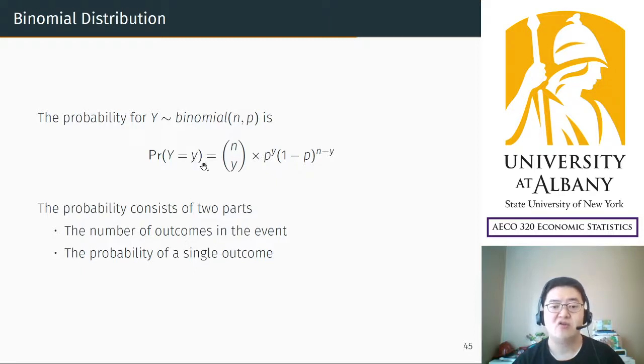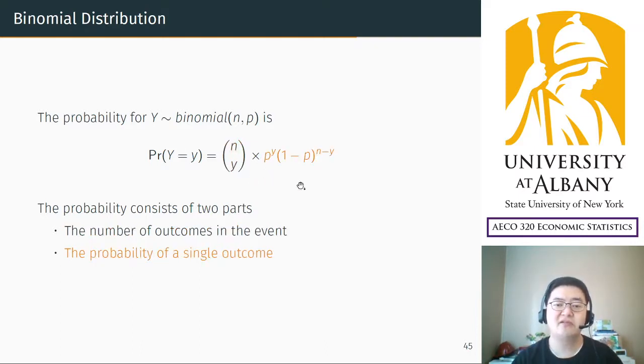Then you remember there are 2 parts. This probability consists of 2 parts. First part is the number of possible combinations, n choose y. So it's the combination rule, n choose y. This counts the number of possible outcomes in this event.